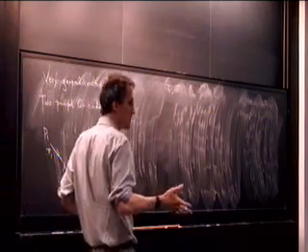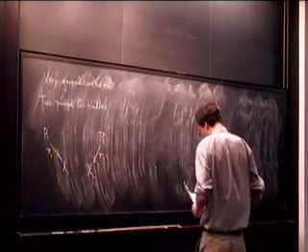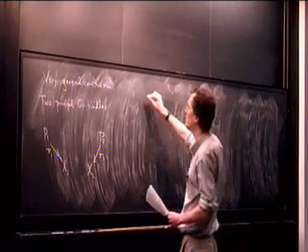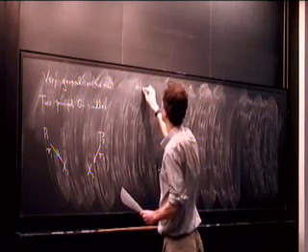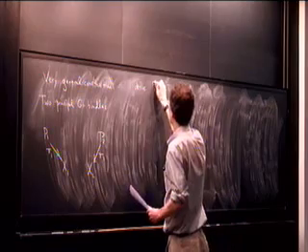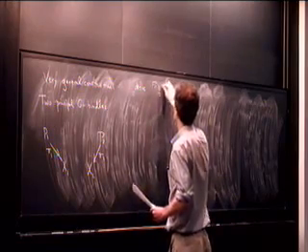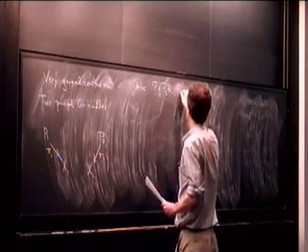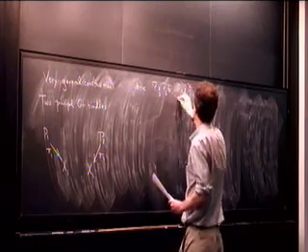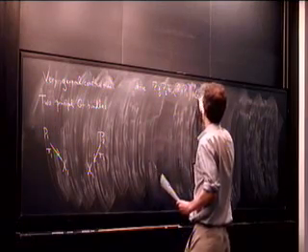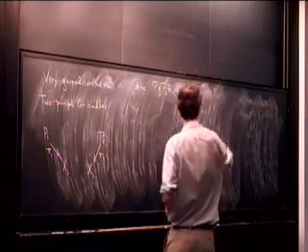Somebody just gives me these principal bundles. Then I define P1 times over G P2 to be P1 times P2 divided by the diagonal action of G.